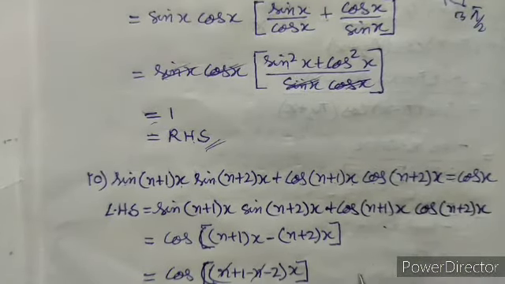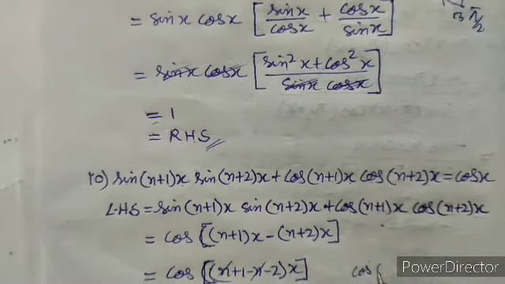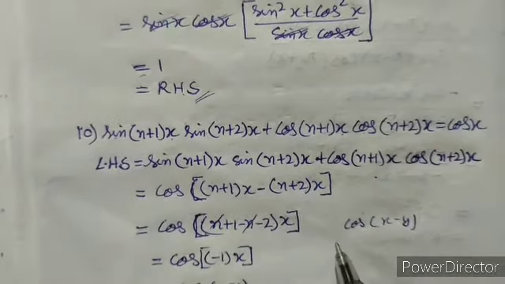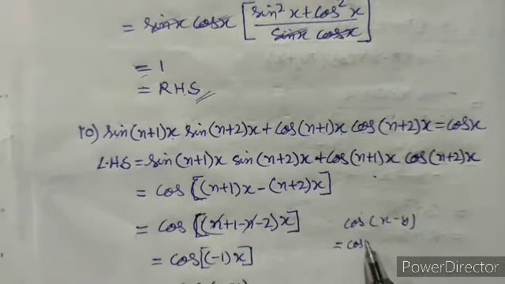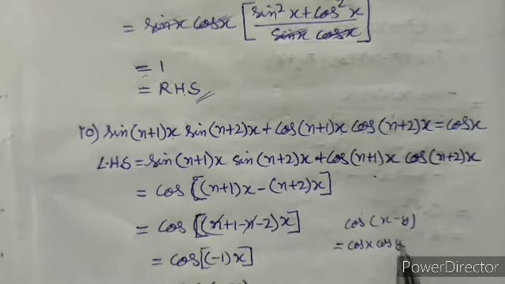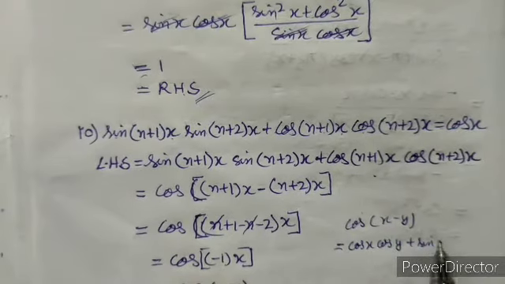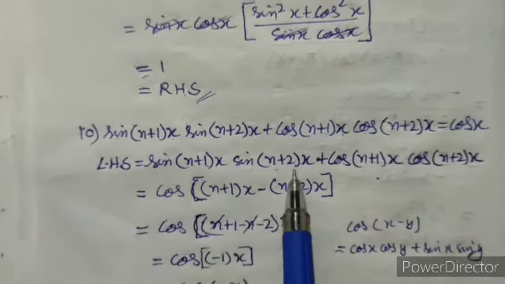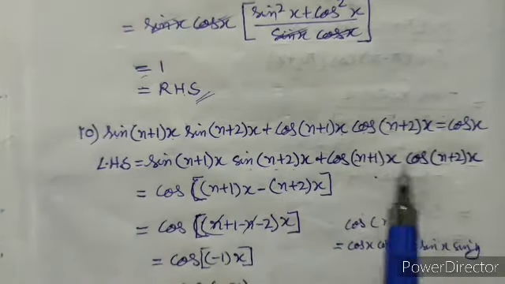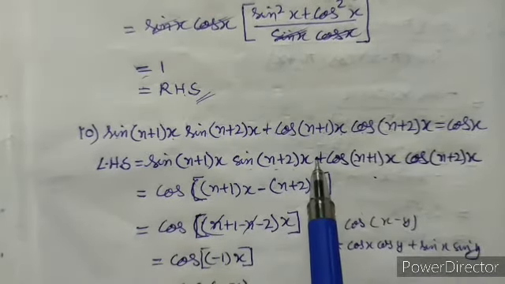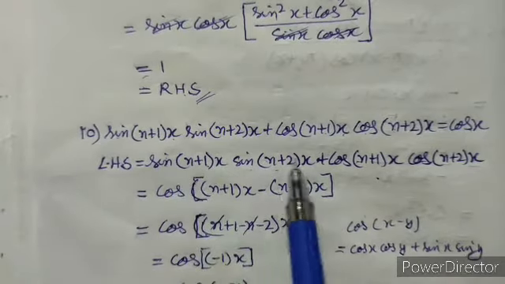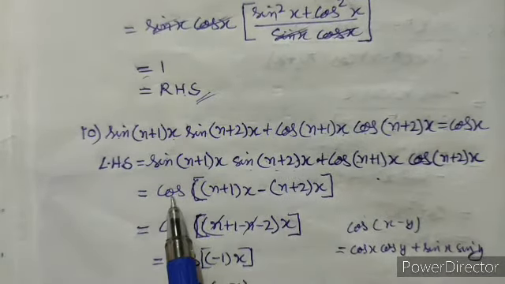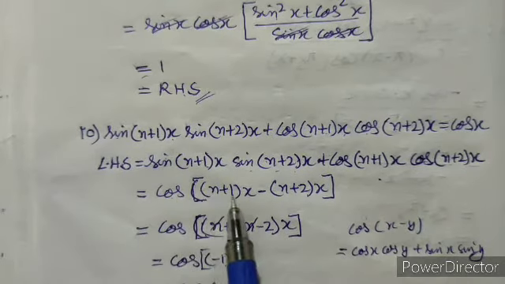Now, as you know that cos(x minus y) is equal to cos x cos y plus sin x sin y, and here the left hand side is in the form of cos x cos y plus sin x sin y. So it can be written as cos(x minus y).